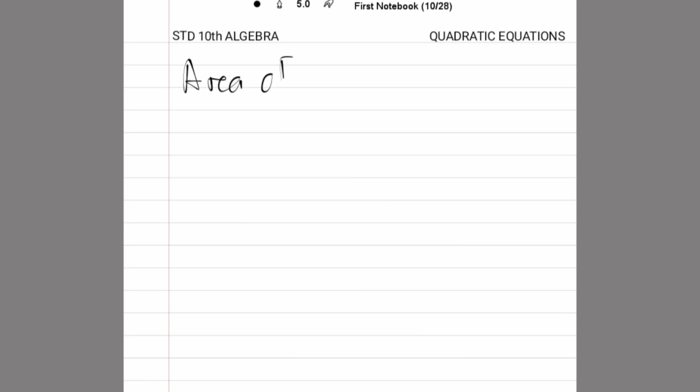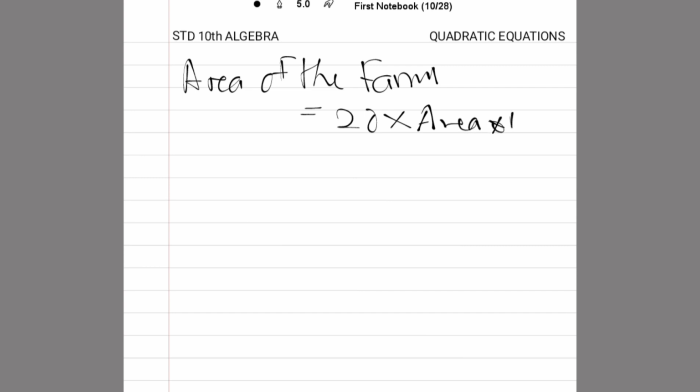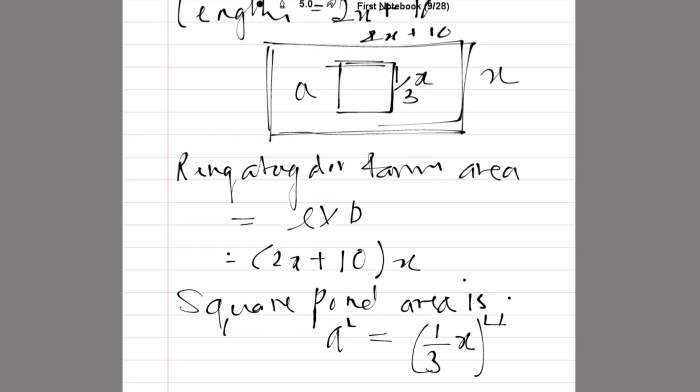Area of the farm is equal to 20 into area of the pond, right? So this is what they have given us, and we have found the area of the farm as well as the area of the pond.